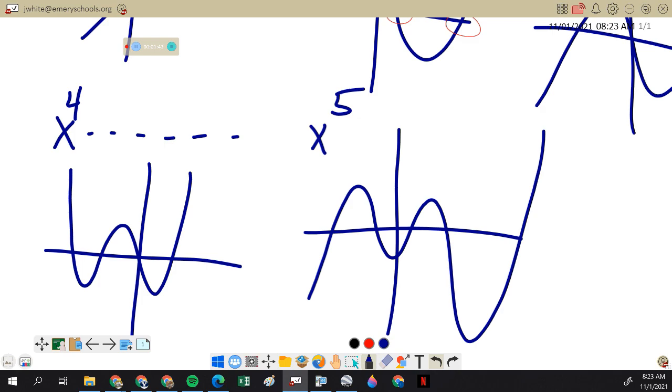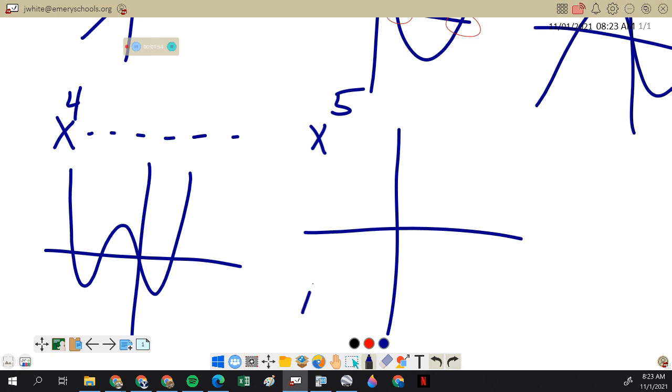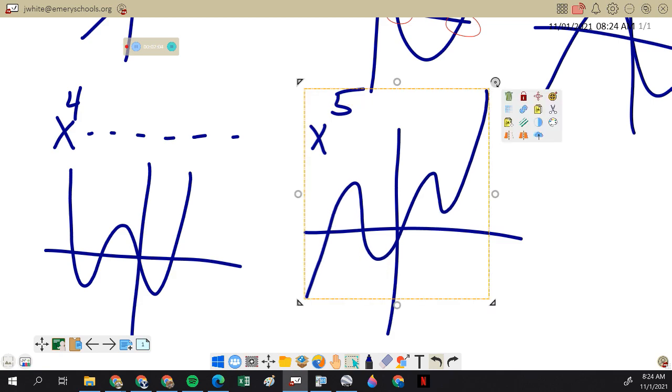Okay. Now, just because it's an x to the fifth doesn't guarantee that it hits 5 times. In fact, maybe it only hits 1, 2, 3, 4 times. Or if I were to grab that graph and lift it up, now it only hits 3 times.